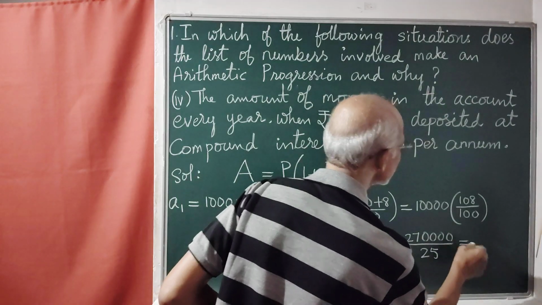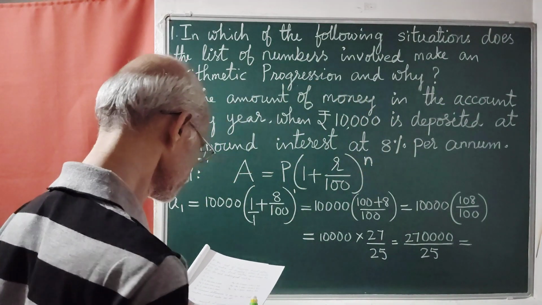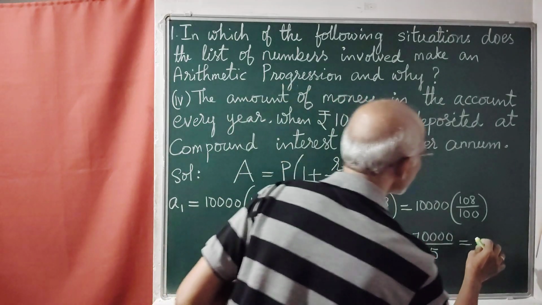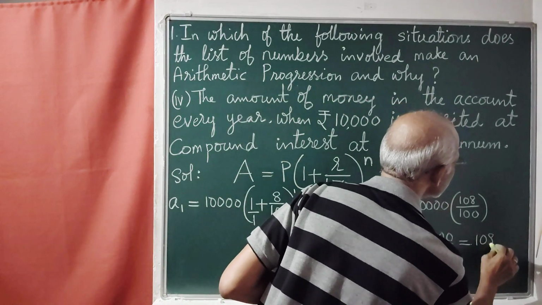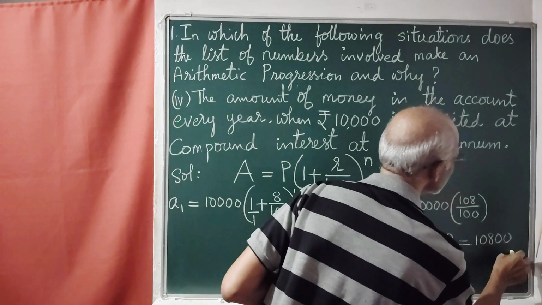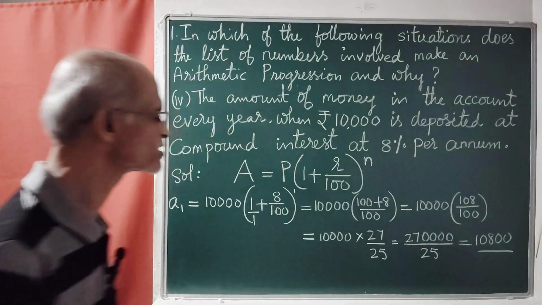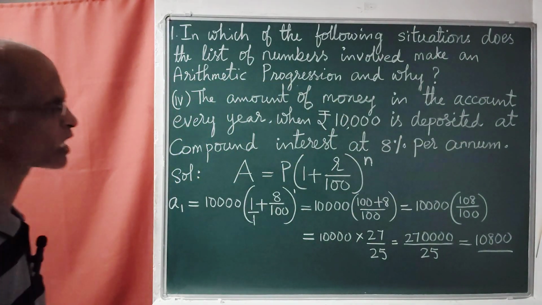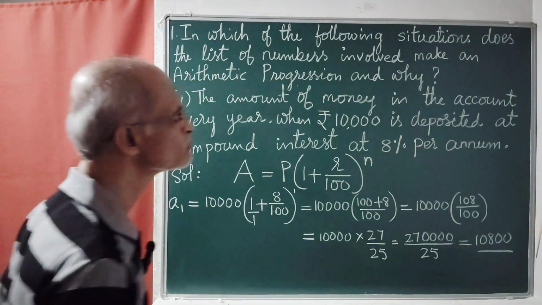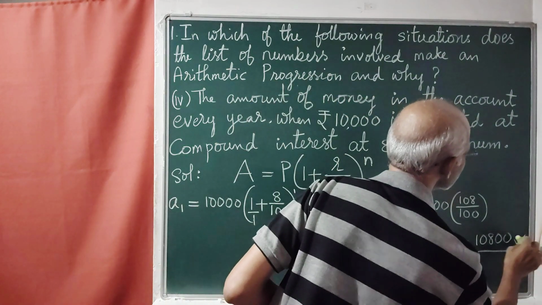If we divide it, we will get 10800. That is the amount in the account after 1 year. This is the amount.